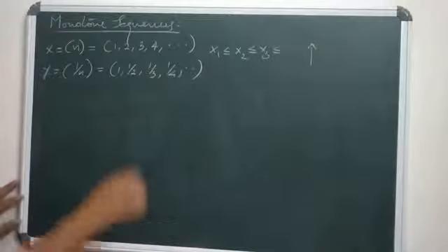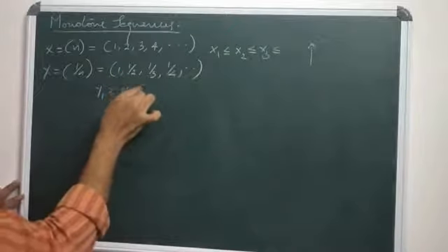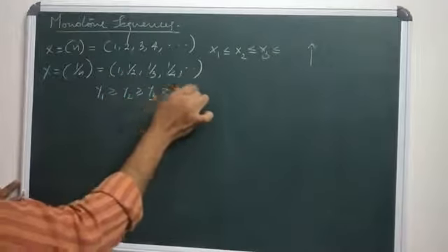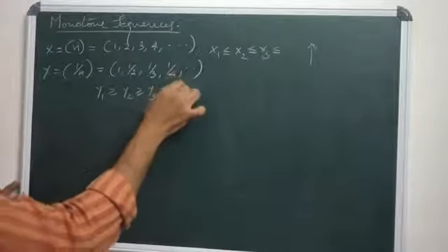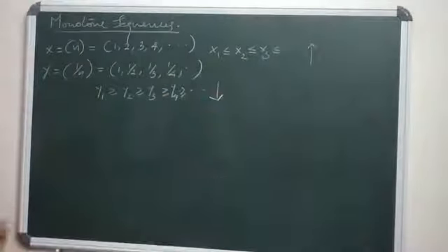Here it is y1 greater than or equal to y2, greater than or equal to y3, greater than or equal to, etc. So this sequence is said to be a decreasing sequence. So if a sequence x equals (xn), that is x1, x2, x3, etc., satisfies x1 less than or equal to x2 less than or equal to etc., it is said to be an increasing sequence.